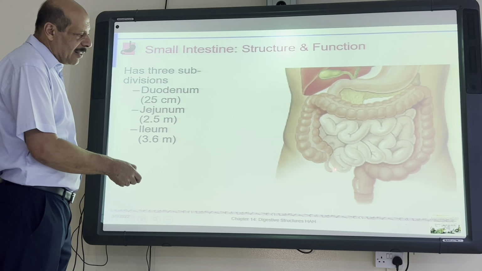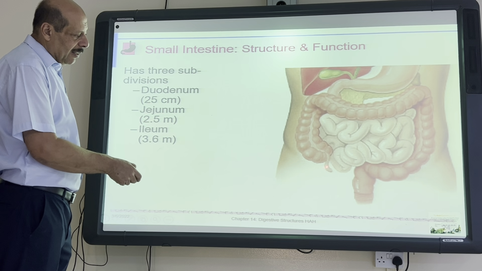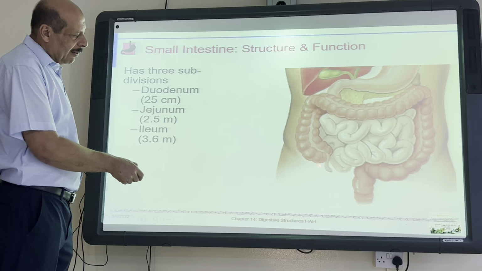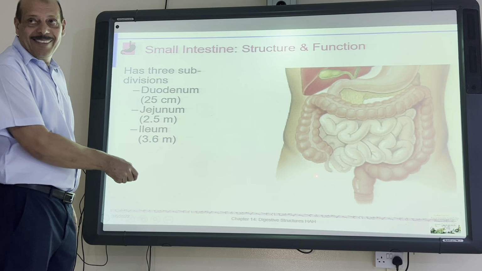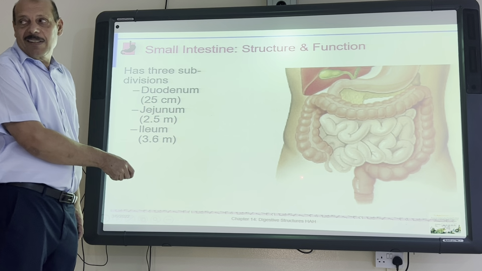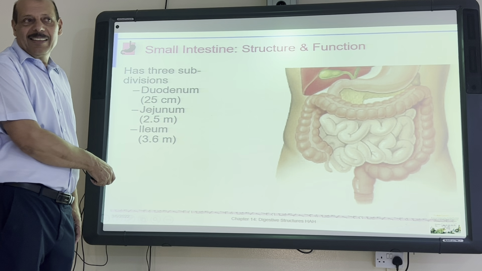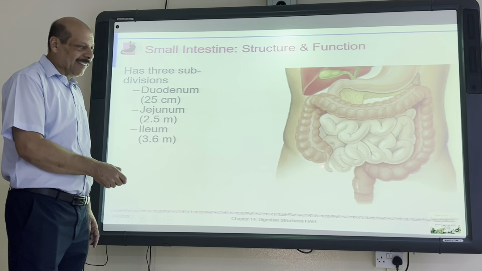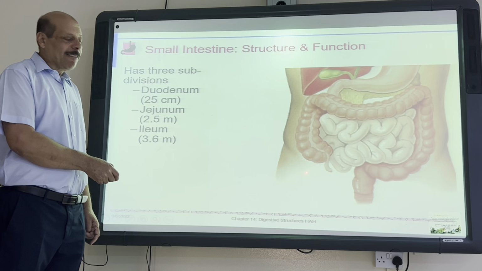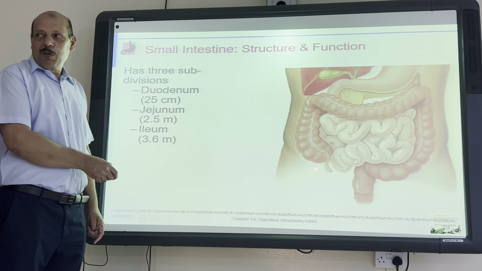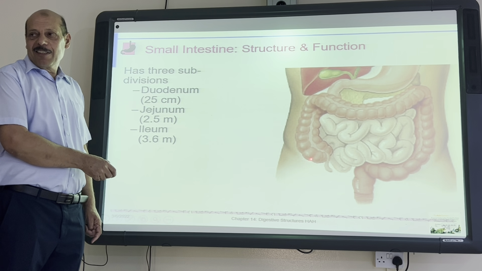And you know what is this small part here? What is it? It is where the most common emergency surgery is done.